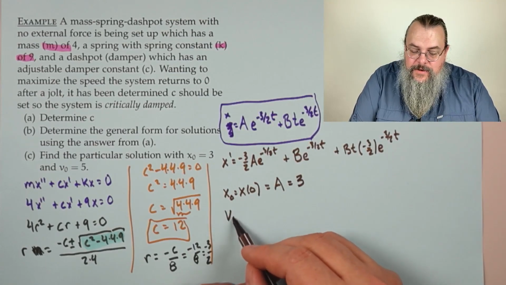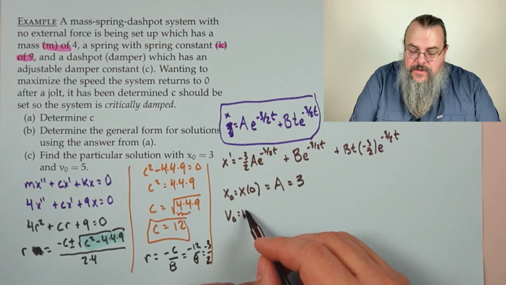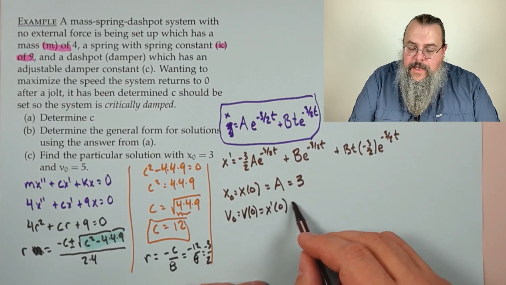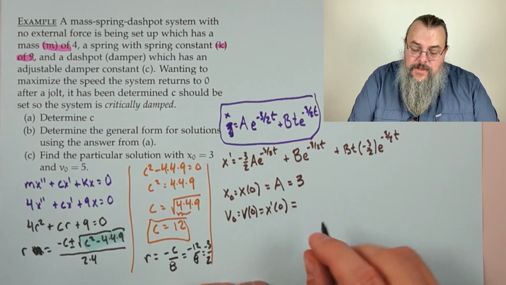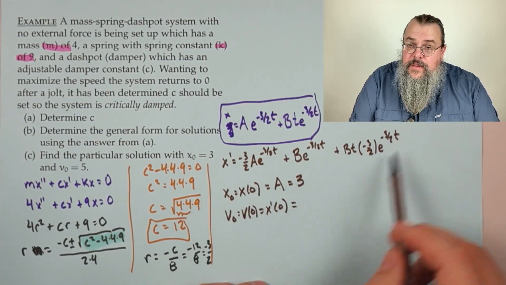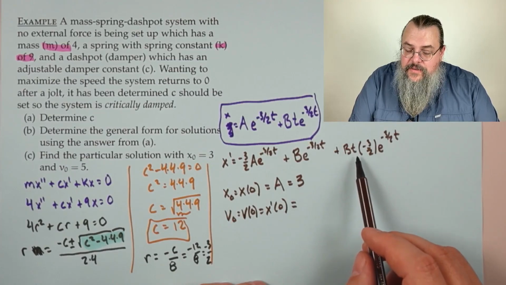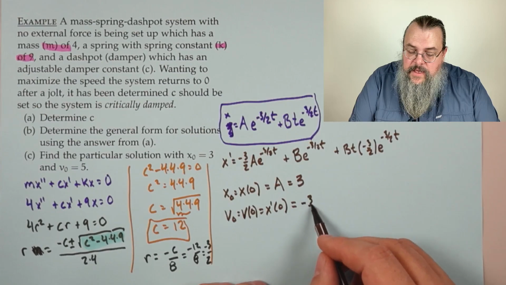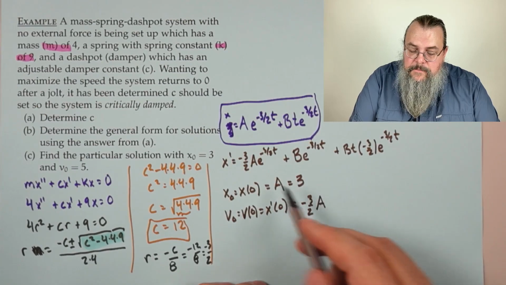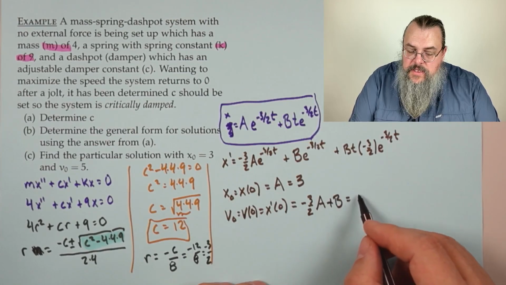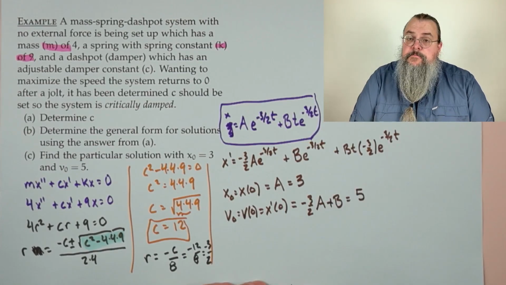And v0, velocity at time 0, which really means x prime at 0, well, what happens there? Well, we plug in 0, and notice this last part is going to drop out because that's 0. So we have the following. We have negative 3 halves times a plus b. And that should be equal to 5.